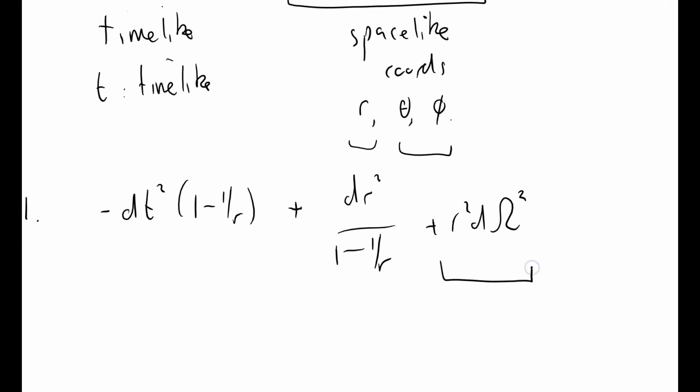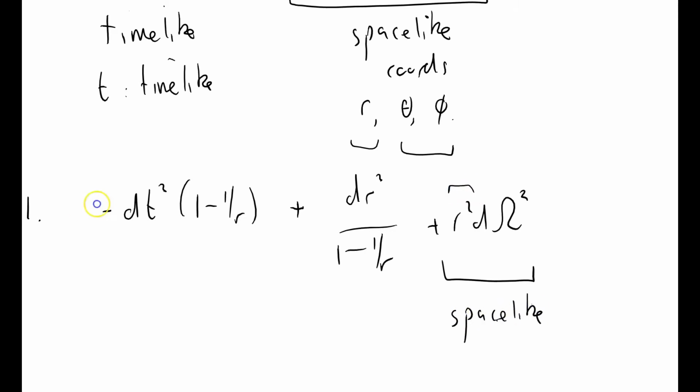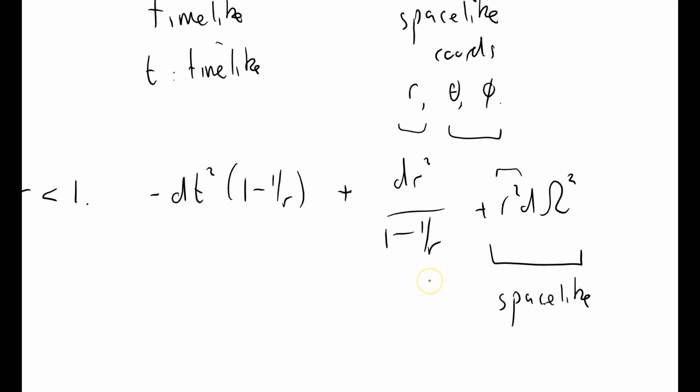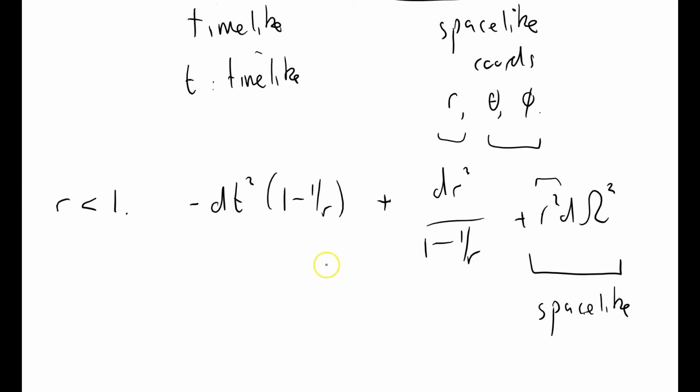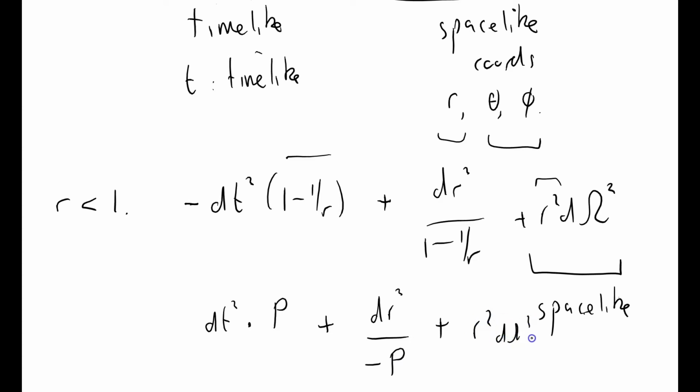These angular terms are still space-like because they're multiplied by something positive. If r is less than 1, we have got dt squared times something positive, because it's minus something negative, plus dr squared over minus p, so negative, plus these other terms, r squared d omega squared.